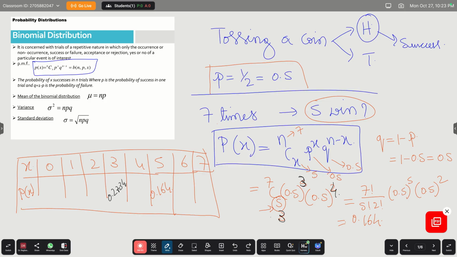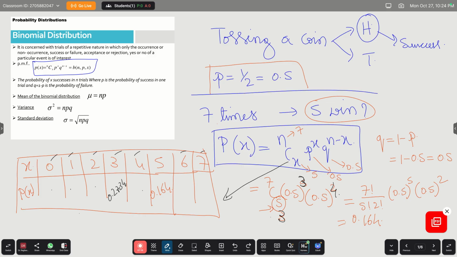Similarly, by changing the values of X in the same formula, what is there in the box, you can replace X by these values, X equal to 0, 1, 2, 3, 4, 6, 7, and you can fill this table. Once you have done this, your probability distribution table will be ready for the binomial distribution.